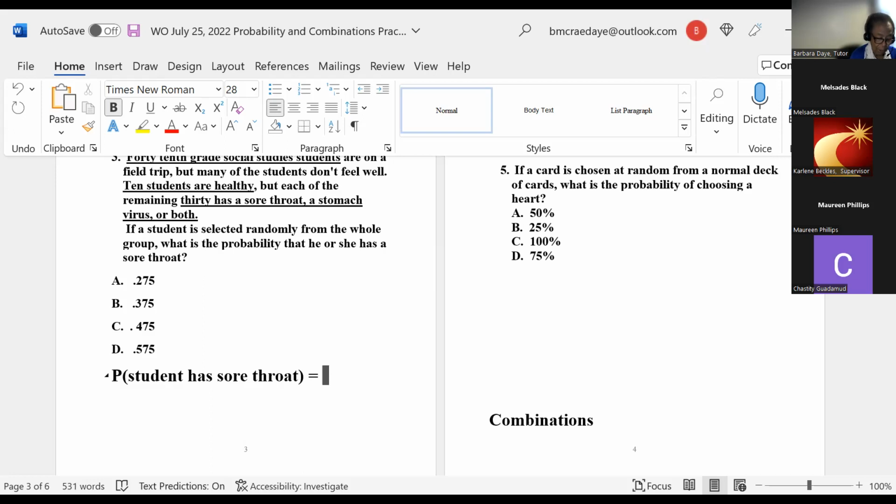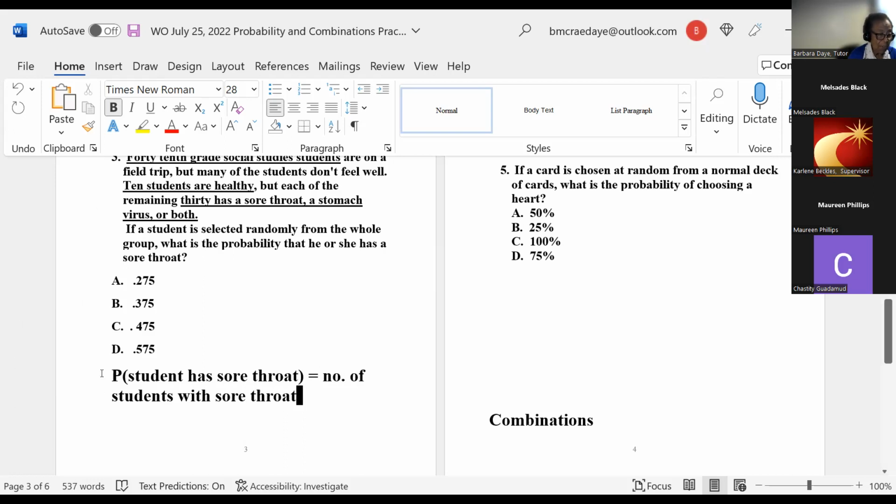I'm just putting it in words: the number of students with a sore throat, over the possible.